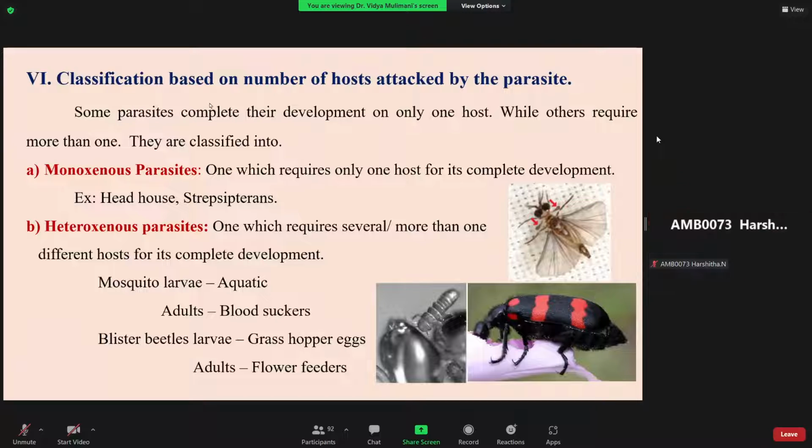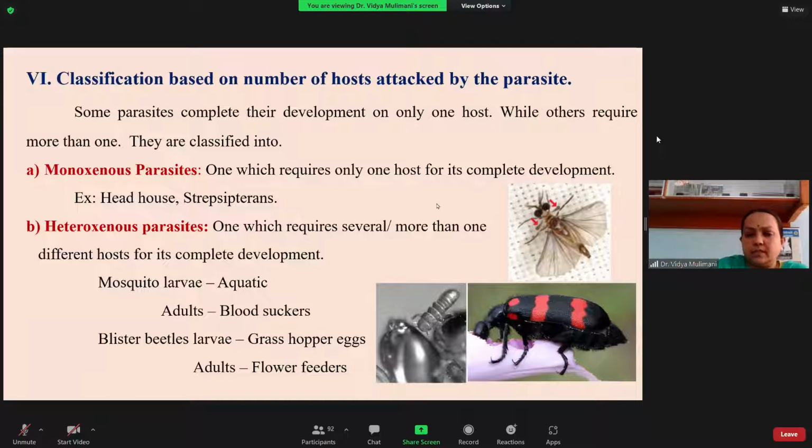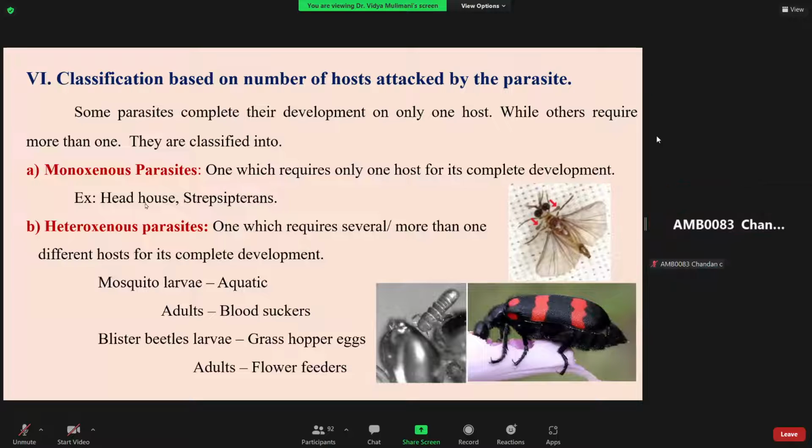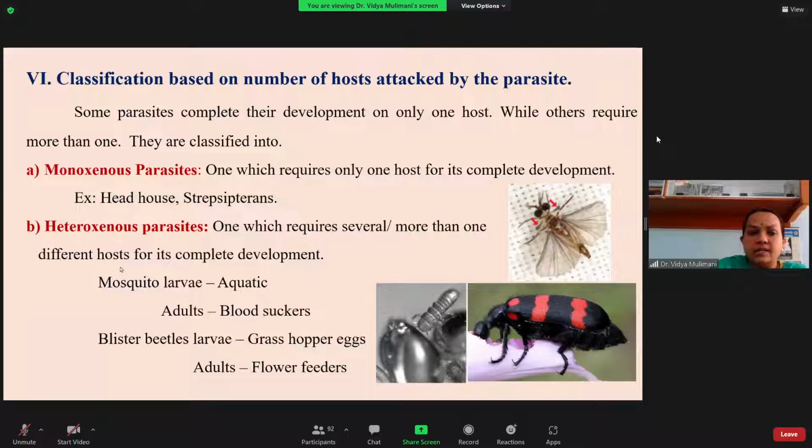Next is the classification based on the number of hosts attacked by the parasite. Some parasites complete their development on only one host, while others require more than one host, and they are classified as monoxenous parasites and heteroxenous parasites.